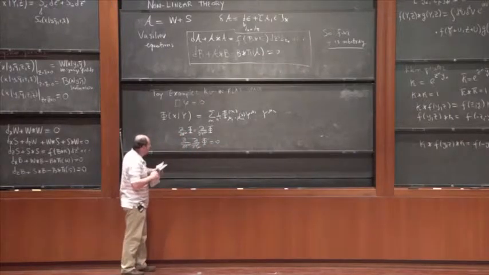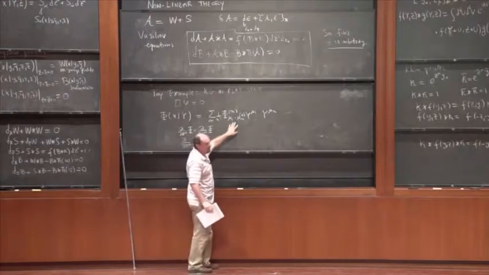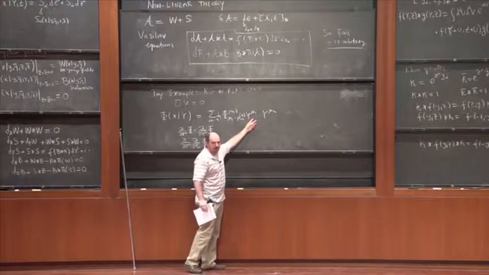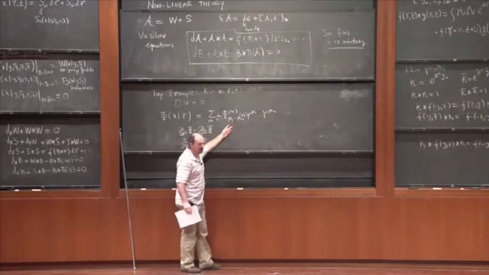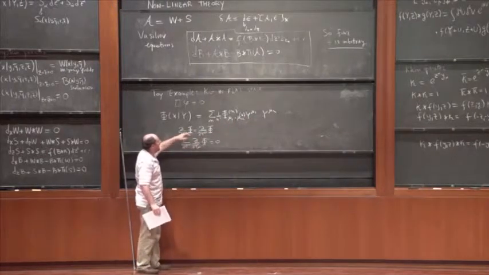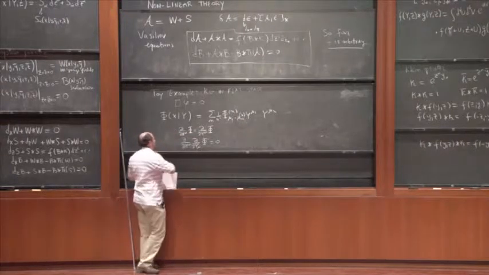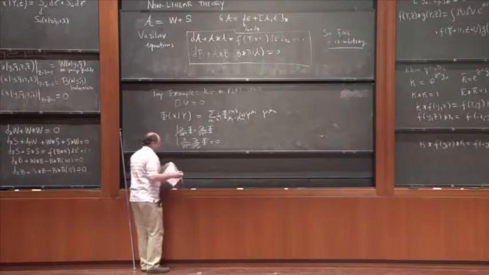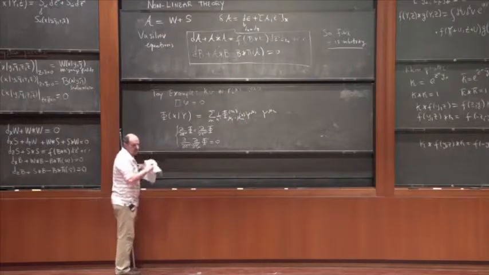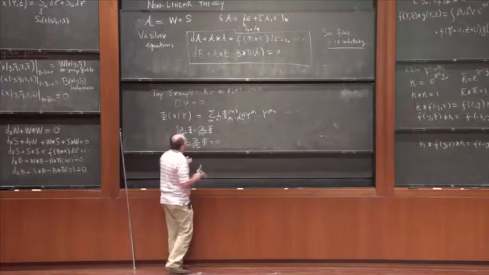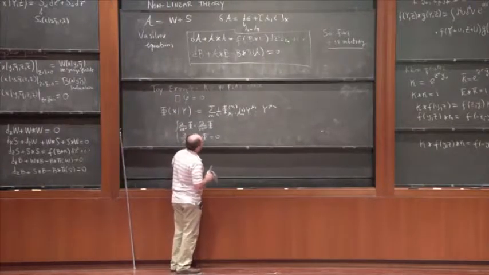This constraint just means that these components are traceless, because if you take this, you will get an eta mu nu here, which gives a trace. So this constraint just means that I work with traceless stuff, and this is my equation. Showing that this is equivalent to Klein-Gordon is very simple. You can probably already see it. But let's do it.